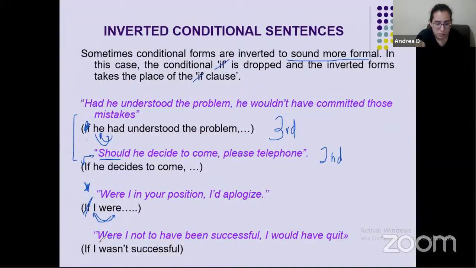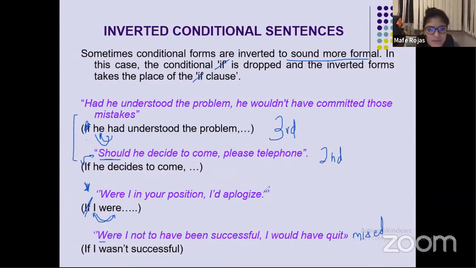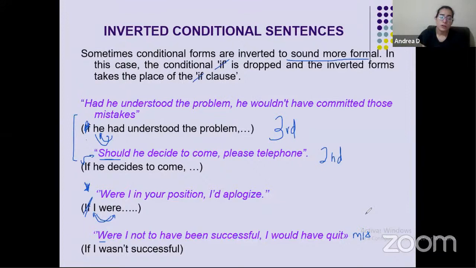And this one here. Were I not to have been successful, I would have quit. This one is a mixed conditional. That's another grammar point. If I wasn't successful, I will have quit. This is wrong. It shouldn't be if I wasn't. It would be if I hadn't been successful, I would have quit.